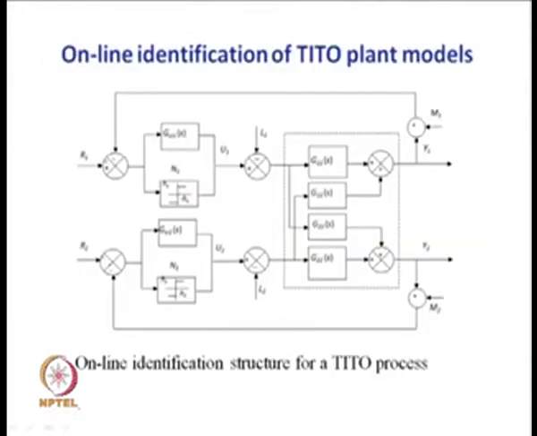Now, I shall go to the online identification scheme, which can be given in this form. In this structure, as you see, L1 and L2 represent the static load disturbances, and M1 and M2 represent the measurement noise.